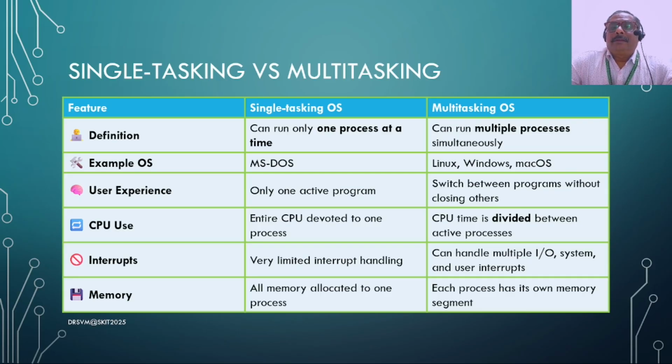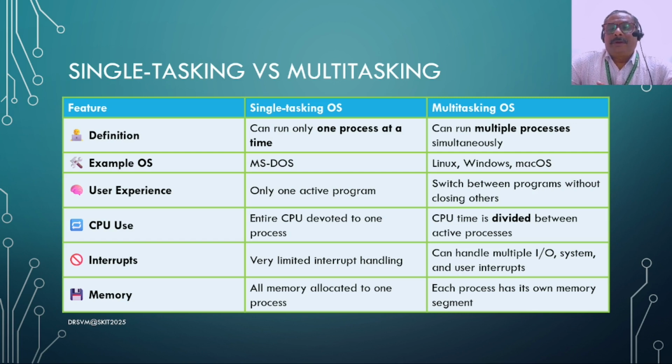Here the CPU is allotted to any of these processes one after the other, or as per the user's requirement, and the CPU time is divided between these active processes. We will see in more detail what we mean by active process, waiting process and all that.